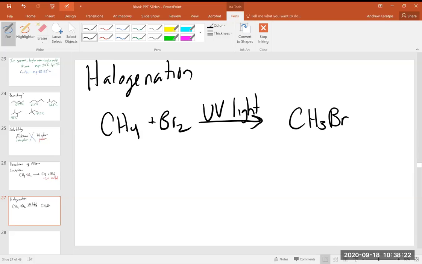And it forms, one of the hydrogens gets replaced with a halogen. Now, the main problem with this reaction is it can keep going. It's actually very difficult to control. And so you often end up with a mixture of all the different products. But in some cases, you can control it extremely well. And it can become a very useful reaction.